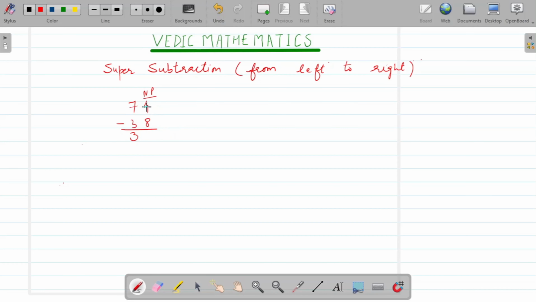Complement of the below number added in the above number. That is, complement of 8 is 2. 2 plus 4 is 6. This is my answer. Let's take another example.